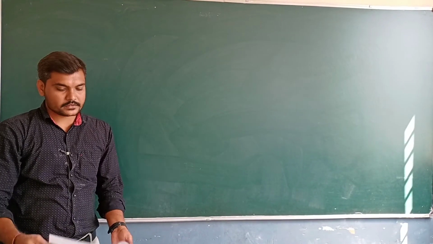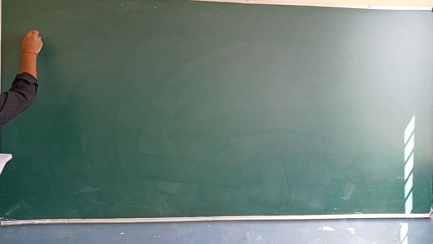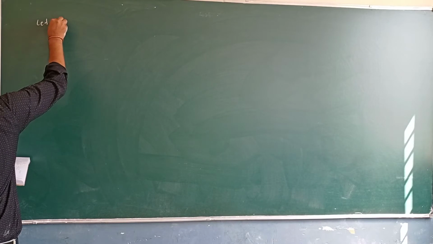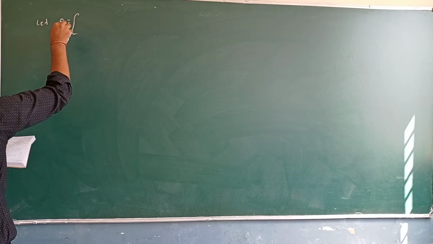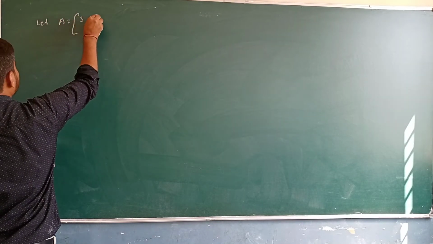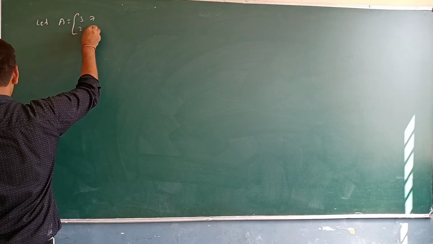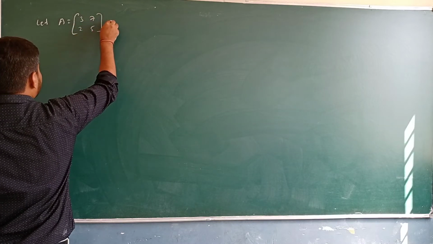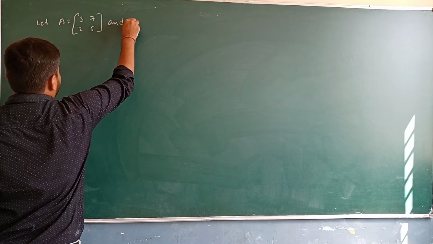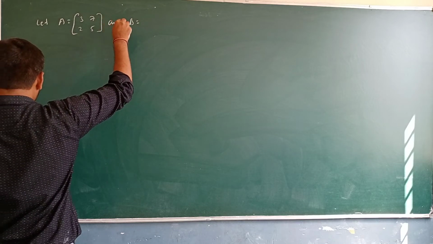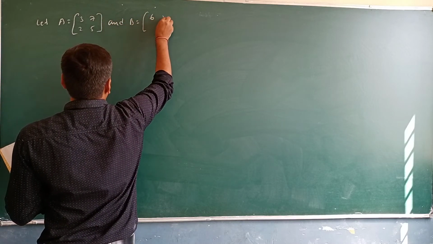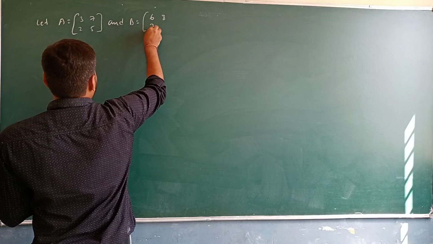The next problem: let A be the matrix 3 7, 2 5 and B be the matrix 6 8, 7 9.